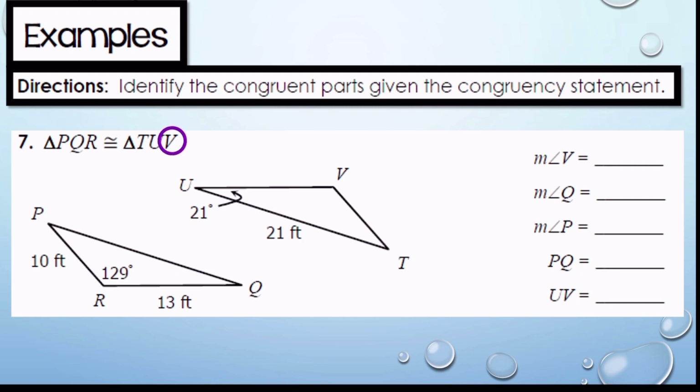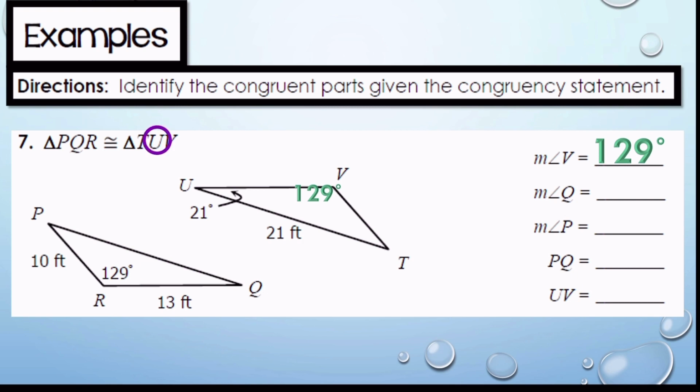Well, look at the statement. V is sitting at the end. What else is sitting at the end? R. So if I take a look, there's angle V. What did it match in the other one? It matched R. R was 129, so that means V is 129. Let's put 129 there for V.